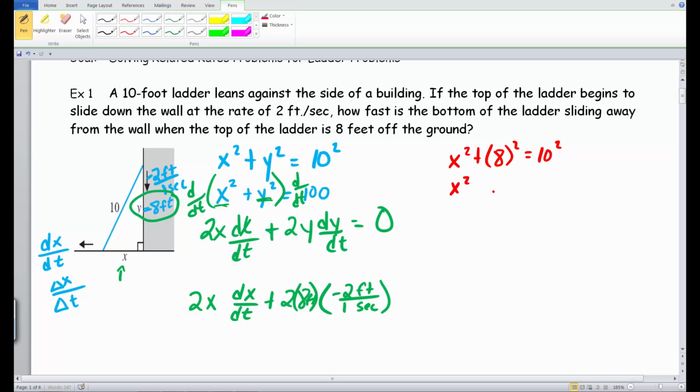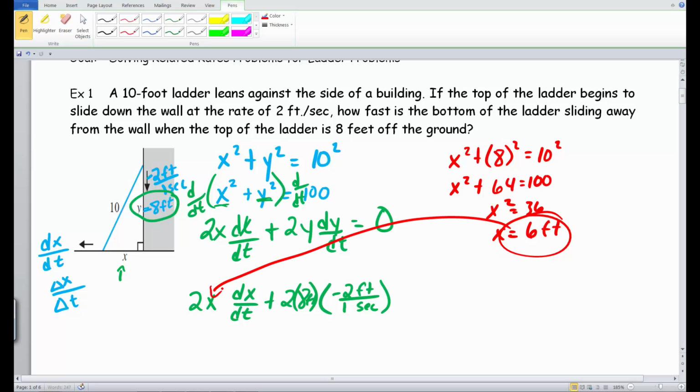So, in just doing a little bit of side math, we end up with x squared plus 64 is equal to 100. Solving for x from here, we end up with x squared is equal to 36. So x comes out to be 6. In this case, we are talking about feet. We're going to omit the negative just because you can't have negative distance for this wall, or this length. So we're going to go ahead and throw in that 6 feet for x.